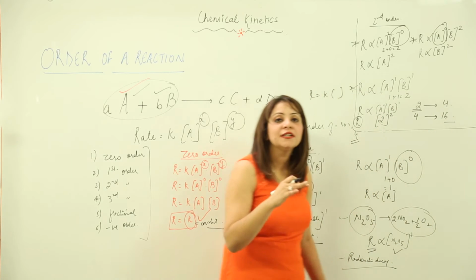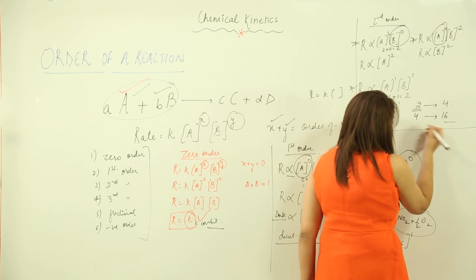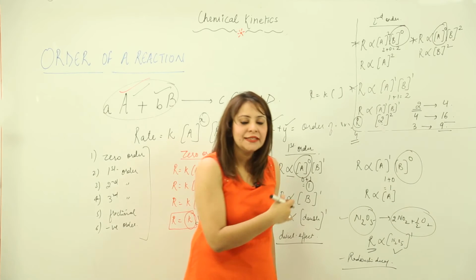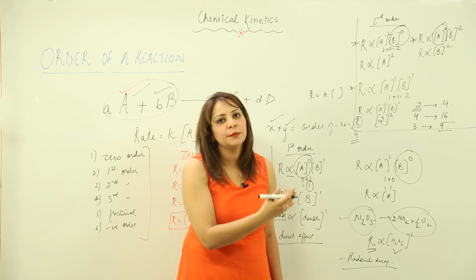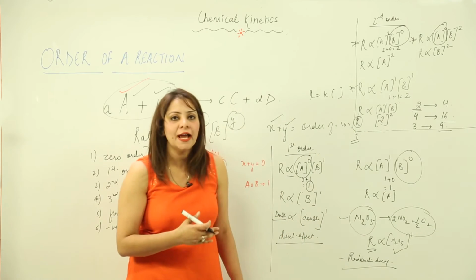So that means it is just going to be double. Suppose I make it 3 times, it becomes 9 times. Similarly, if I increase it by 5 times, it is going to be 25 times. So this is how we write the second order reaction.